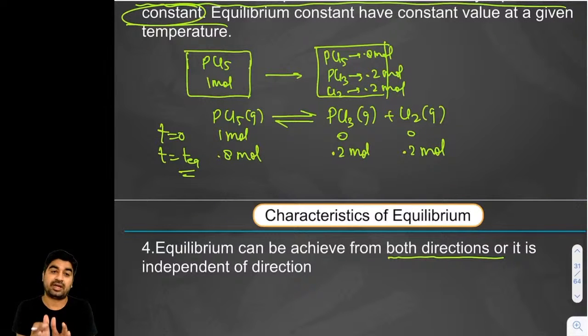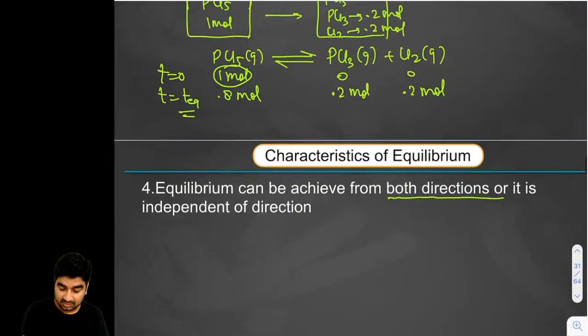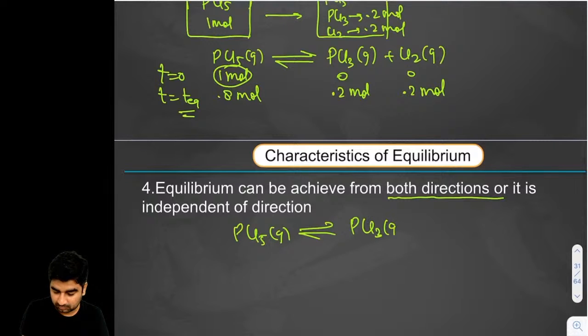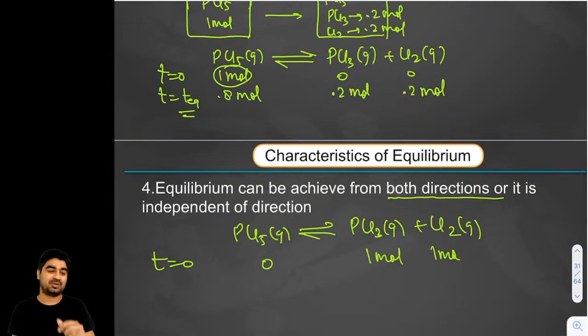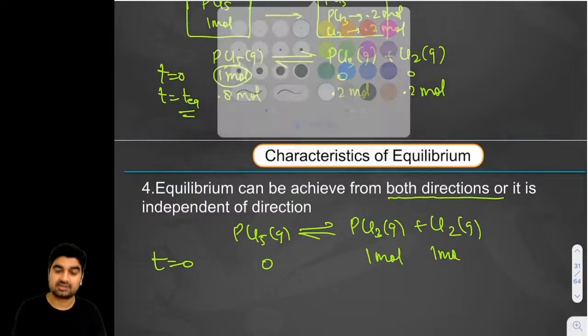So in this case what I did was take 1 mole of PCl5 and then establish the equilibrium. Now somebody might ask, sir, if I take 1 mole of PCl3 and 1 mole of Cl2, and 0 mole of PCl5 at T equal to 0, can equilibrium be established?